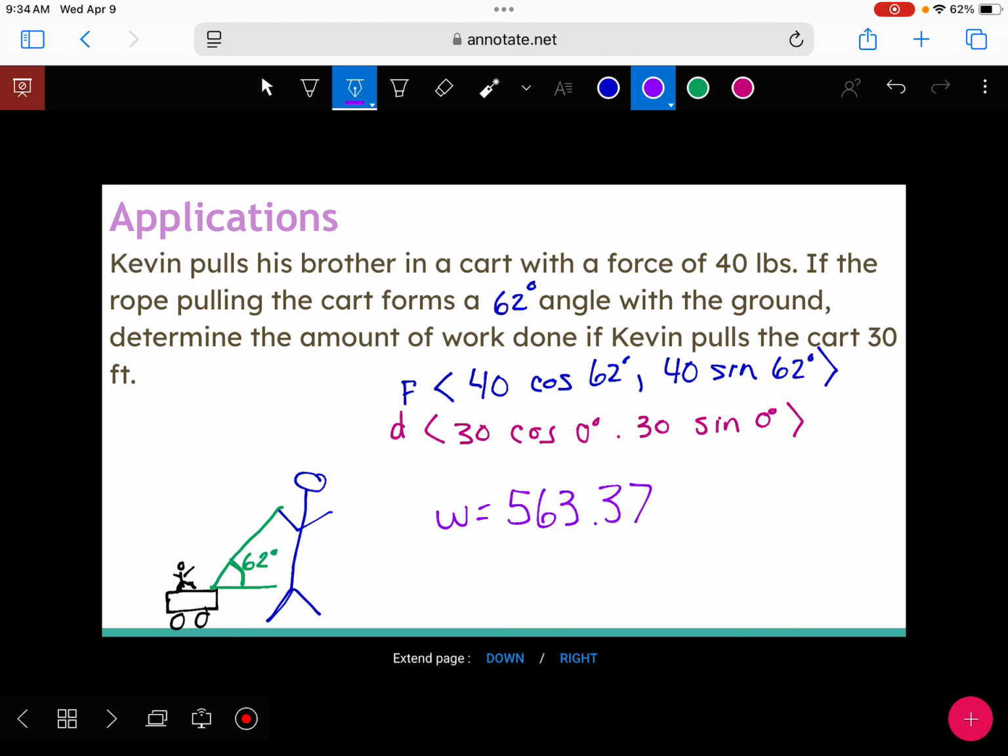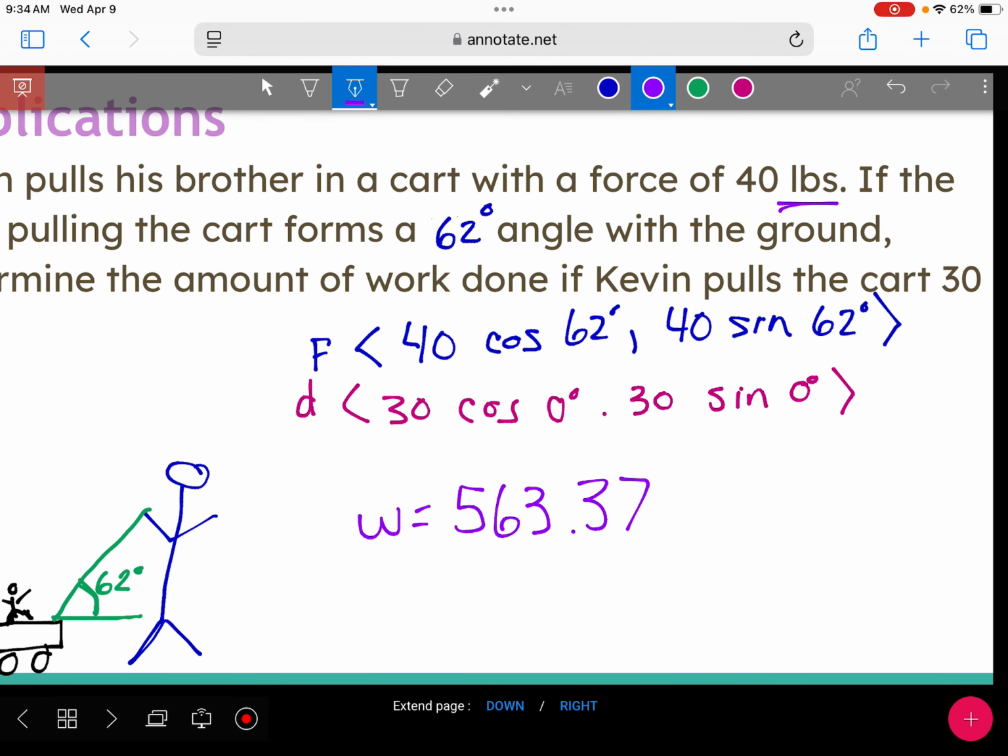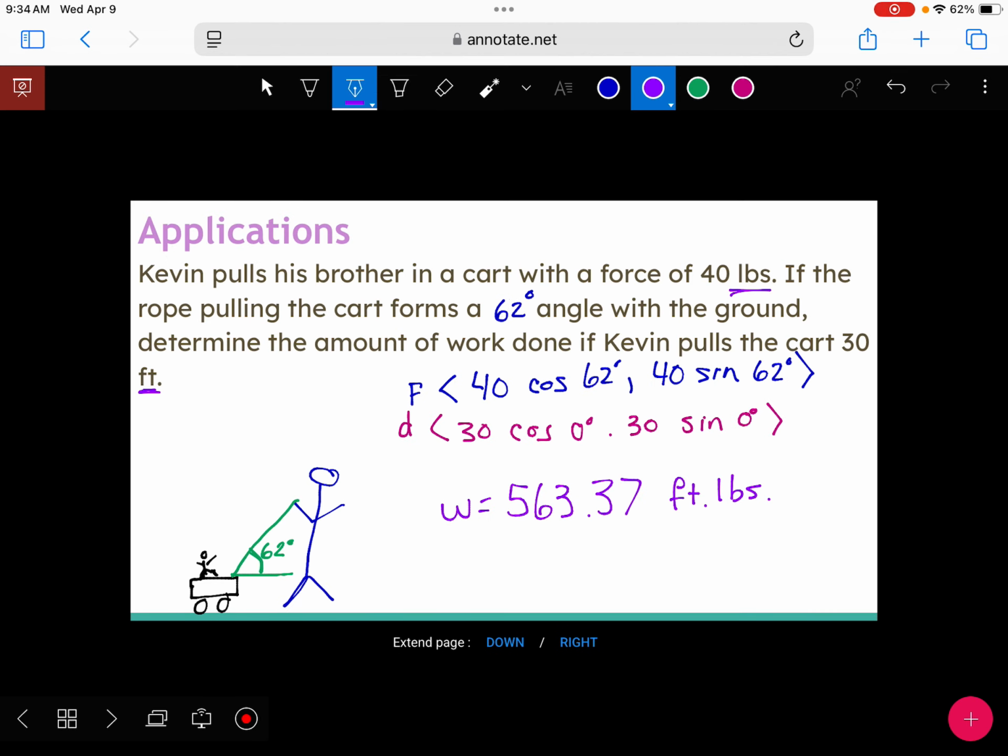And it is, again, pounds and feet, so it's foot-pounds, which is the most nonsensical unit of work. Who the heck knows what a foot-pound is? Okay. So dot products do have a reason to exist aside from finding angles, but for the most part, it's used for finding angles.